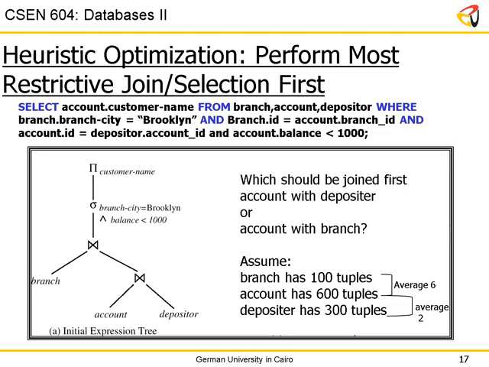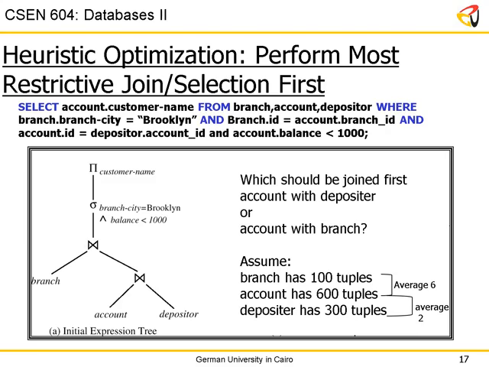So if we work out our averages, again I'm assuming here that the tables are connected in a balanced way to each other. So if branch and account have a common column, foreign primary thing, then my assumption is that when I join branch and account, I should get 6 rows.